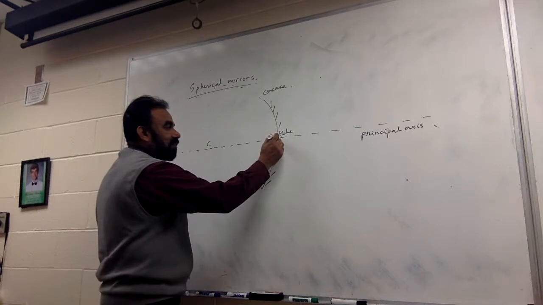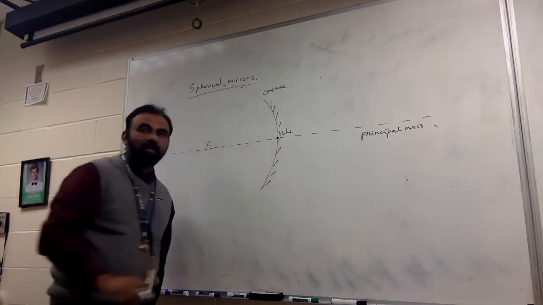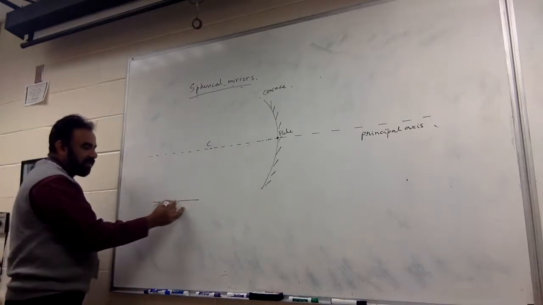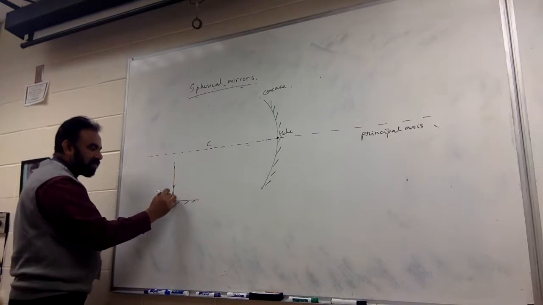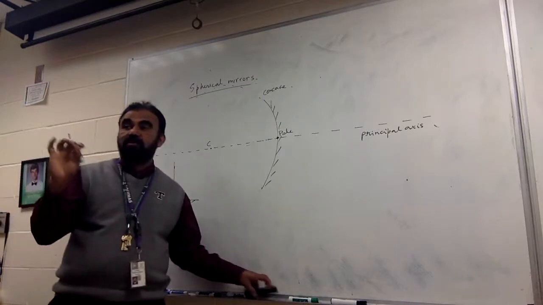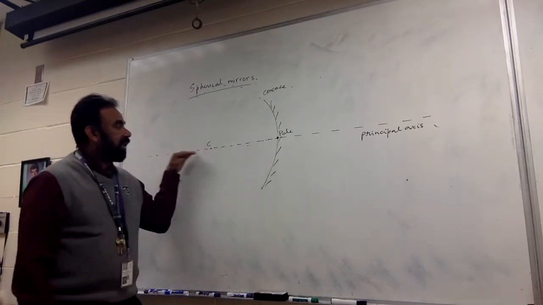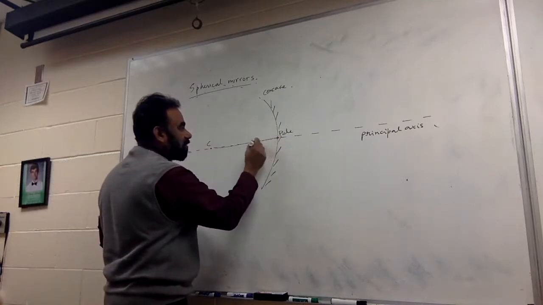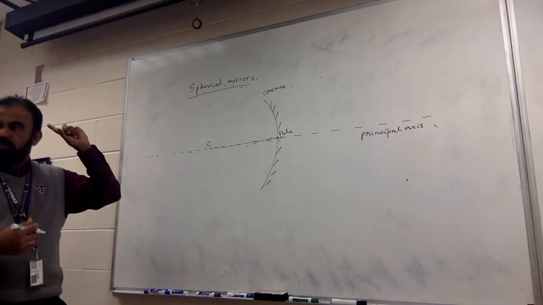Because at this point the normal is right there. If a ray goes right on the normal, it will bounce back exactly the same way it came in, because the angle of incidence is 0.